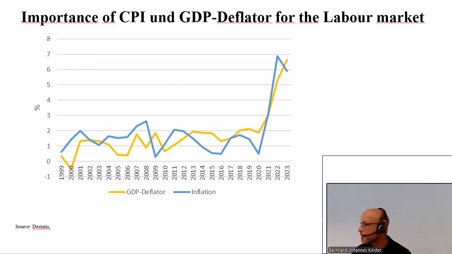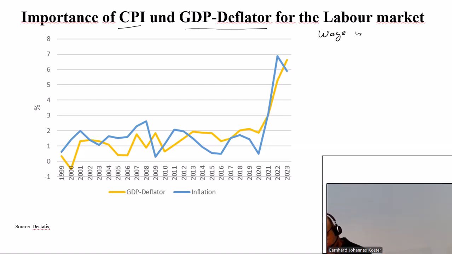Yeah, then, as I said before, we want to look at the importance of these two different price indices. And here we go. We are now at the labor market, and think of the situation of wage negotiations.